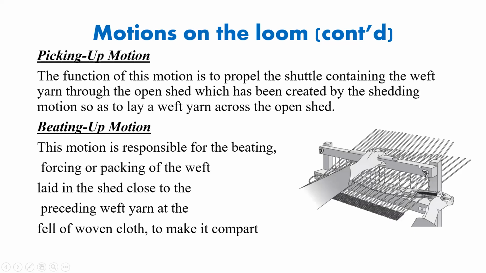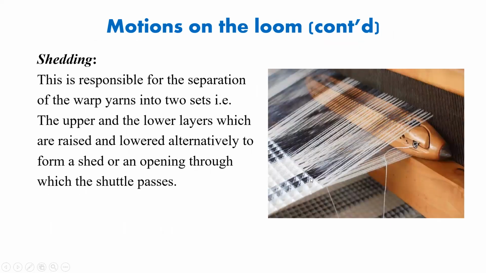Then you use the reed to beat the newly inserted yarn to the very end of the fabric. That's the fell of the fabric. So you can see it here, the fell, the very end, ready to receive the new yarn which has been laid. So you use this one, which is the reed, to beat the newly inserted yarn. After laying the yarn, you take away the shuttle. Then you use the reed to beat the newly inserted yarn to form parts of the fabric.